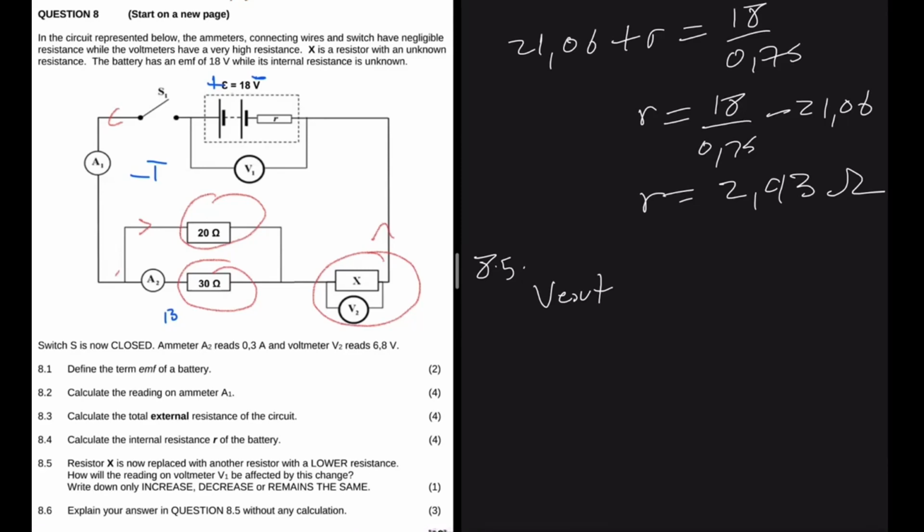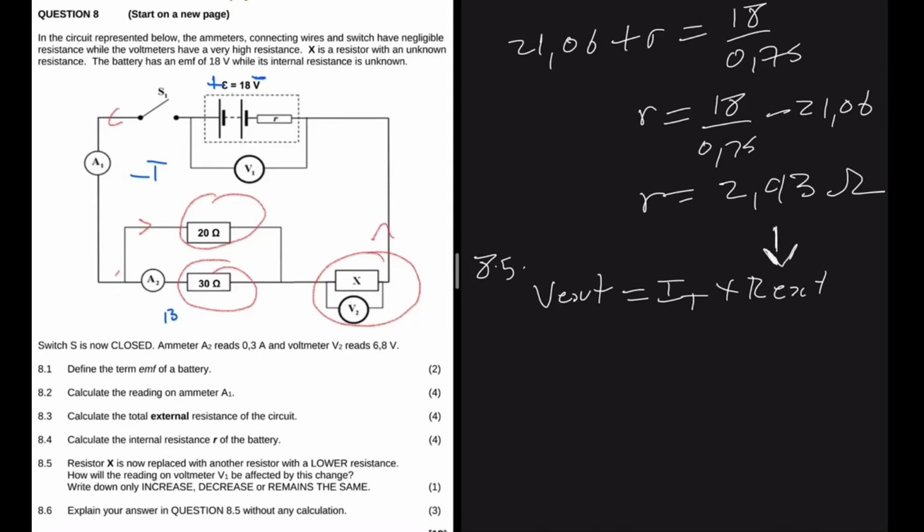But we know fully well that V external is equal to current total multiplied by resistance external. So now resistor X is replaced with another resistor of lower resistance, right? So what's going to happen to resistance external? Resistance external will go down, right? It will go down.